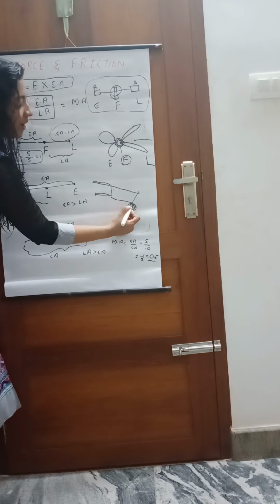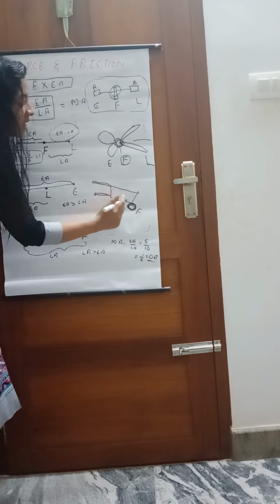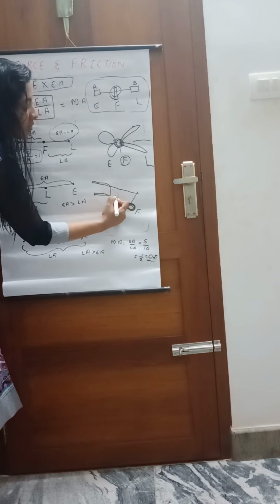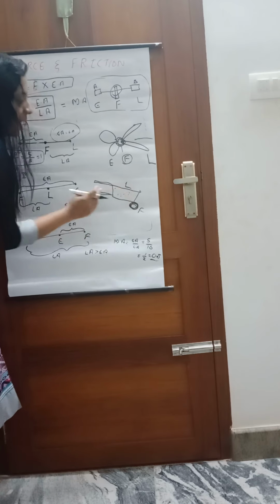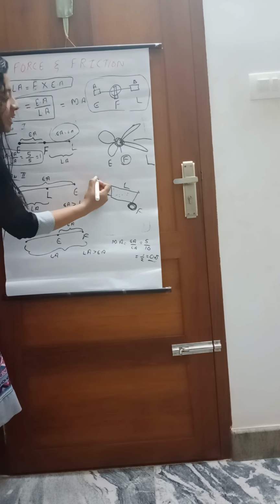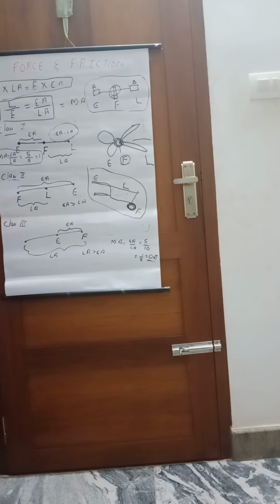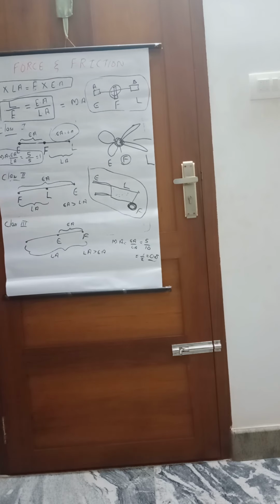So this is the point at which the vehicle moves, so this is the fulcrum. This is the place where we keep the objects, so this is the load. And this is where we are pushing, so this is the place where we apply the force, known as the effort. Which lever does this vehicle belong to? It belongs to class 2 lever. Why? Because the load is at the center.